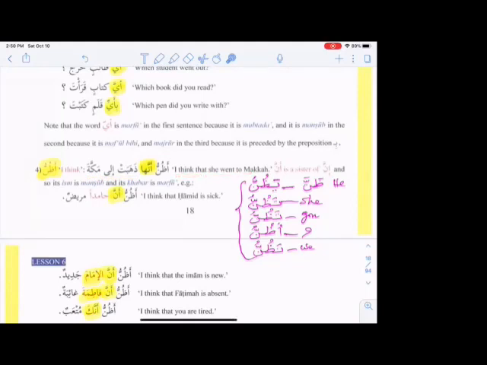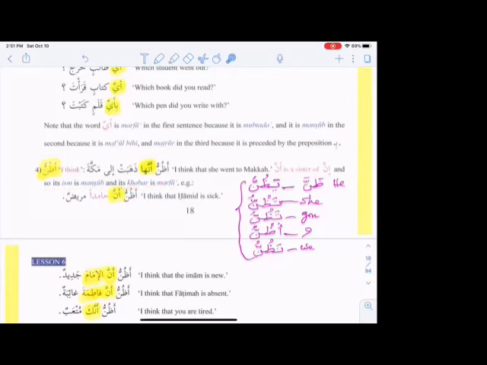Now, here is an extremely important rule, extremely important. Anna is a sister of inna. And so its ism is mansub, we know that. And its khabar is marfu, we remember it.